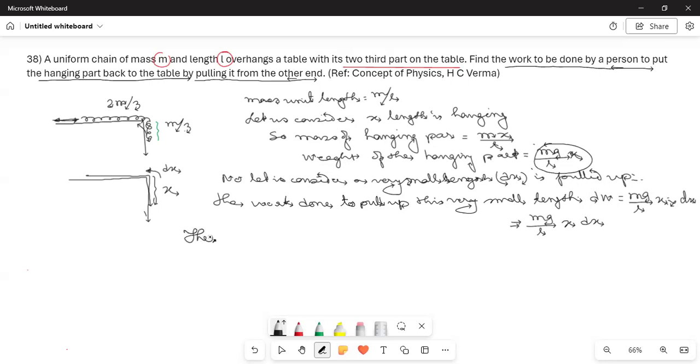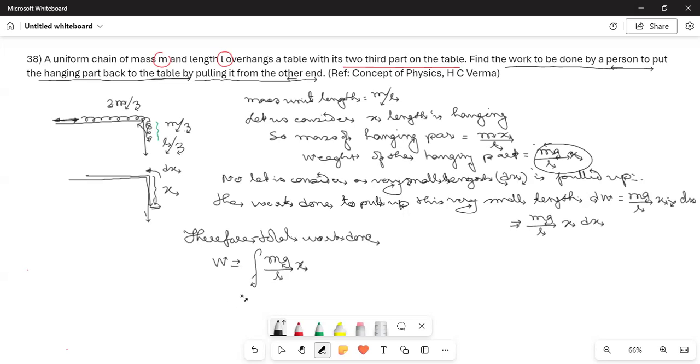Therefore, total work done W is equal to the integration of mg by L x dx. The integration limit is: initially the total length which was hanging down here was L by 3, and finally it will be 0.